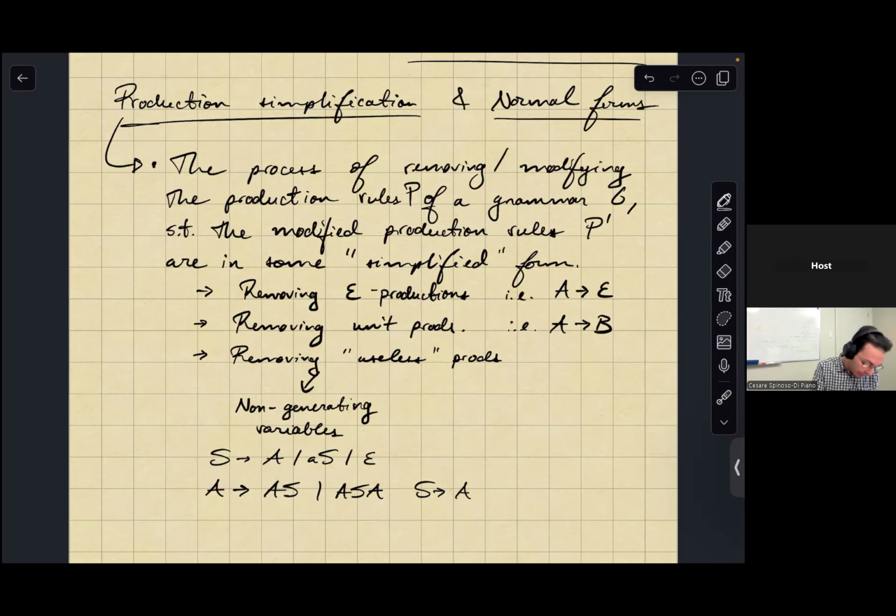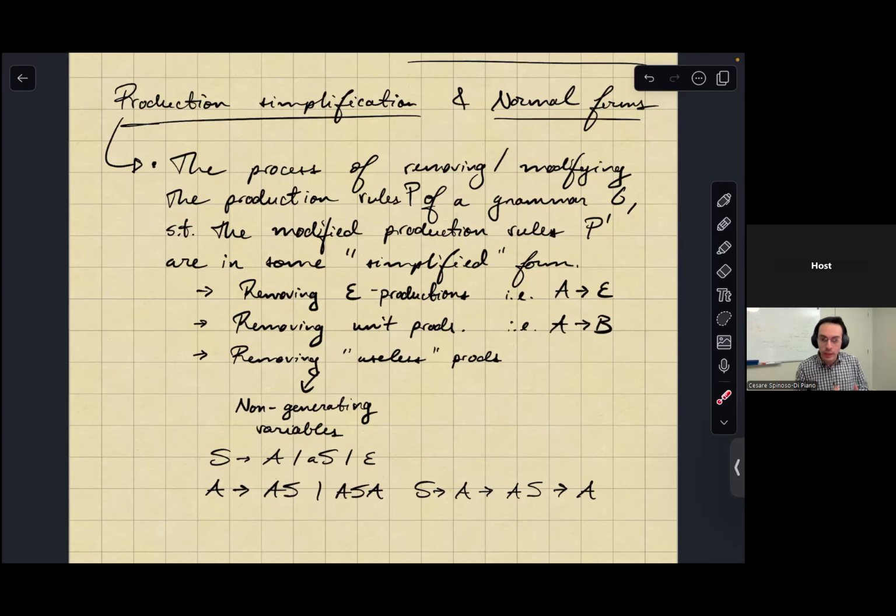Well, you can say, I'll replace A with AS, maybe replace S with epsilon, so I get A. But you can never shake this variable. You're never going to be able to derive a sequence of only terminals.